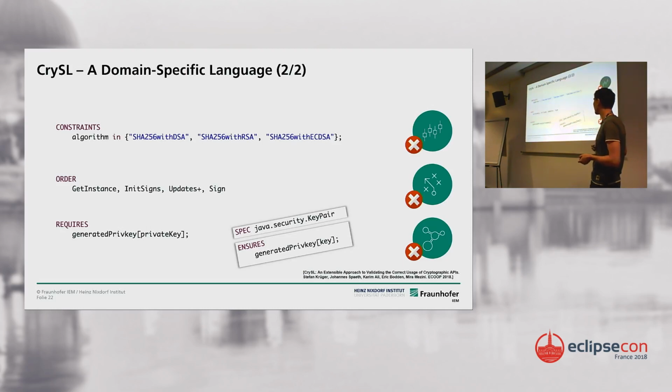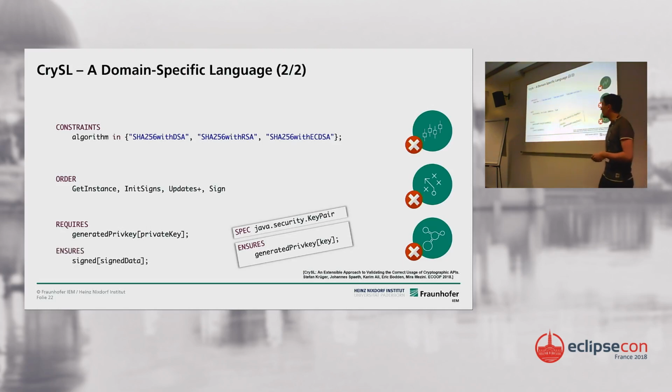Once the key pair was used correctly, it will ensure a predicate called generated private key on the key object, and then in the signature rule, you can require this predicate. That's how these objects interact with each other. And if this required predicate is there, then you won't get an error marker at that point.